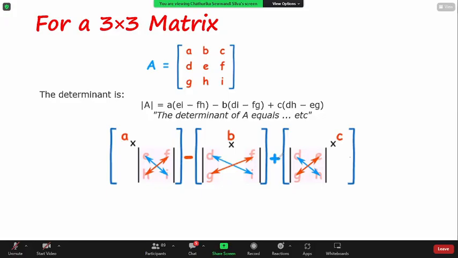Anyway, here again I'm saying, when we are finding the determinant with respect to the first row, this is plus, this is minus, and this is plus. But when you're finding it with respect to the second row, this is not the case. These pluses and minuses are changing, right?